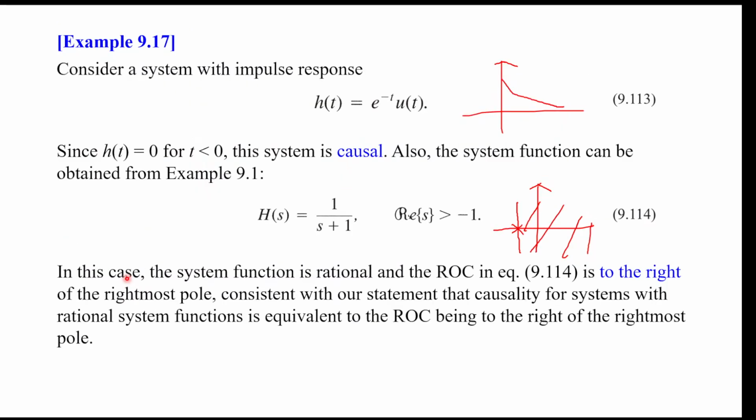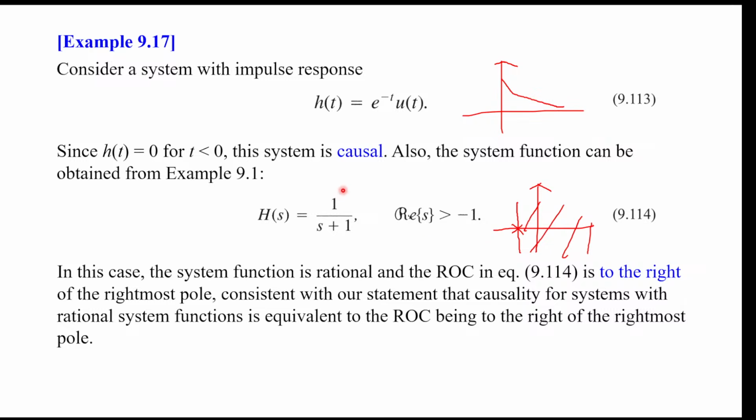So the first example is a function that we know and love a lot. This is a right-sided exponential decay. So h of t equals e to the minus t u of t. Okay. And we know this is just example 9.1 with a equal to 1. So H of s is just 1 over s plus 1. Okay.